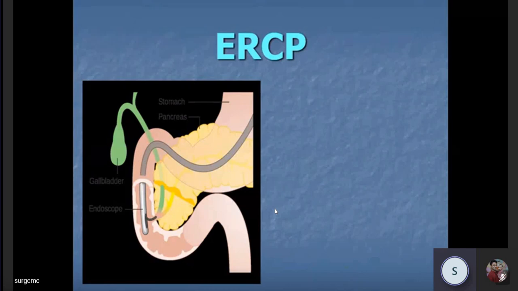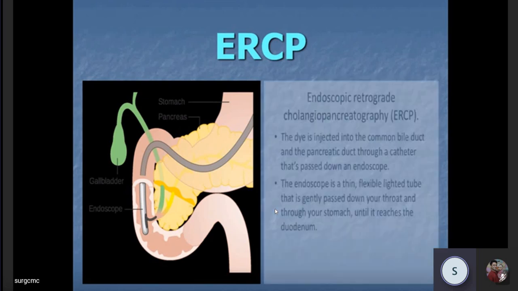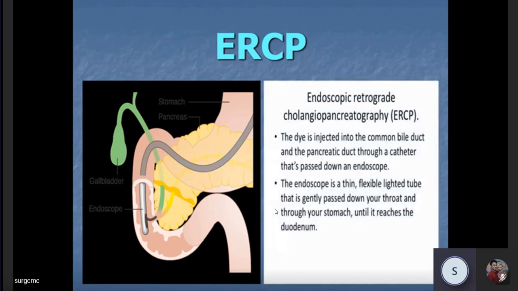Now, as I told, T-tube cholangiogram we do after open exploration of the CBD. But nowadays, the CBD stones are handled endoscopically. That is ERCP. You know what is ERCP? The endoscope is introduced up to the second part of the duodenum.